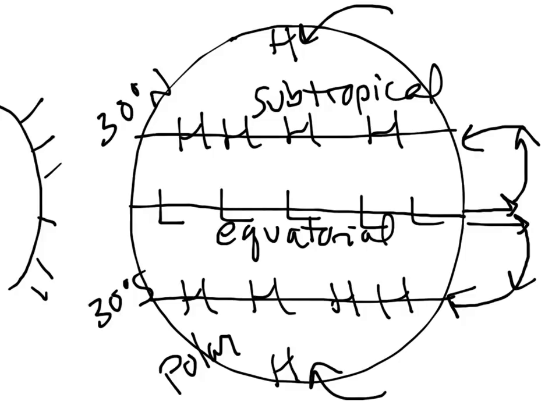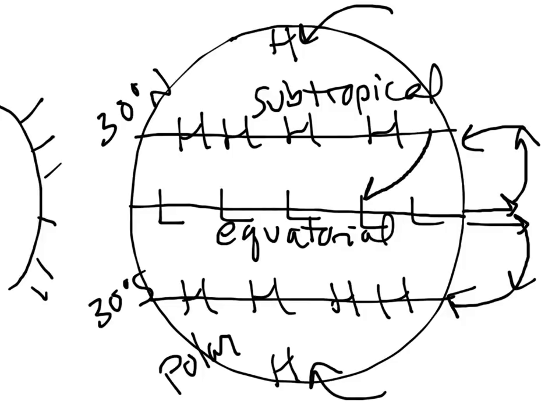Okay, so we're not done yet. We now have a surface high pressure zone at the subtropical high. We've got a surface low pressure zone at the equatorial low. We know that according to the pressure gradient force, air is going to flow from high pressure to low pressure. So if we take a look here at the subtropical high, air is flowing from the high pressure to the low pressure.